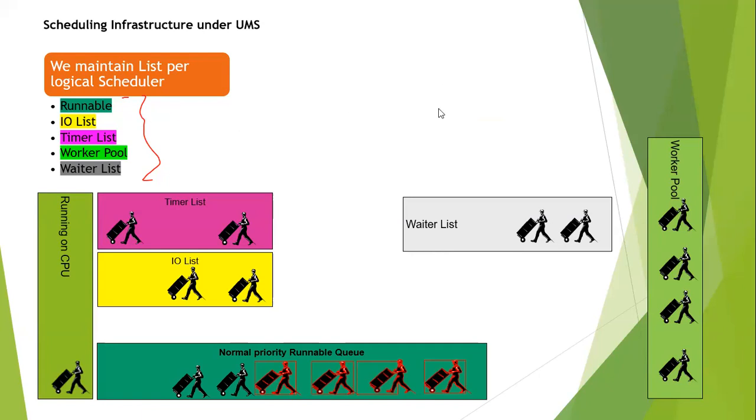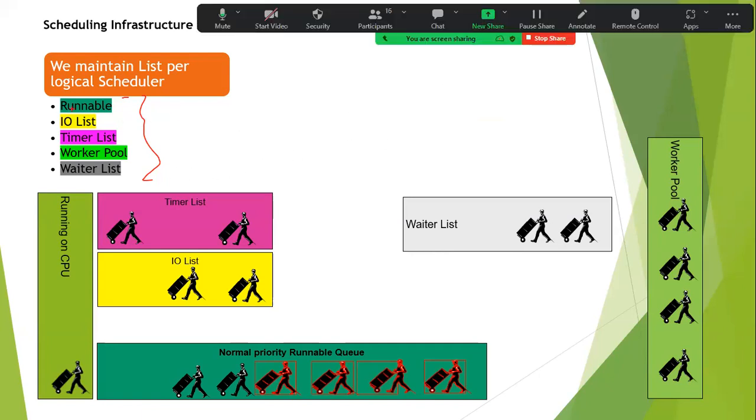Each CPU will have these dedicated schedulers. So if I have two CPUs, you will have these queues. Each thread is in one of these schedulers, or if not, the thread is not assigned to any task. That is your worker pool.